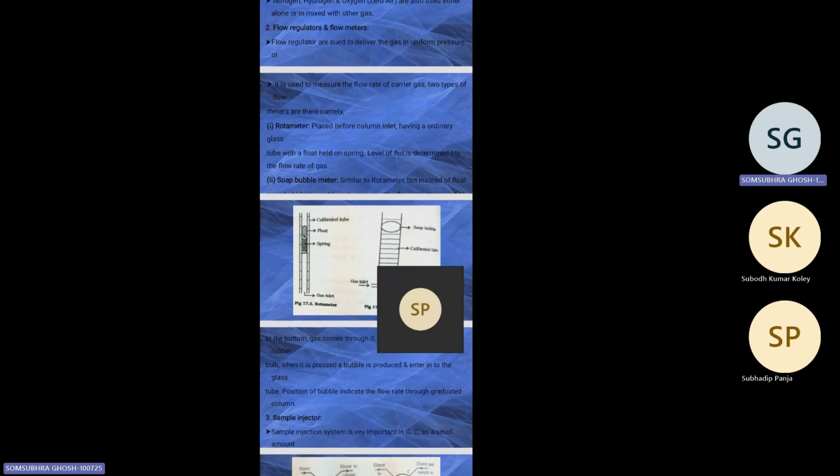All these types of gases are commonly used, but very commonly used gases are argon, helium, etc. They can be used alone or sometimes in a mixed ratio, in different ratios.